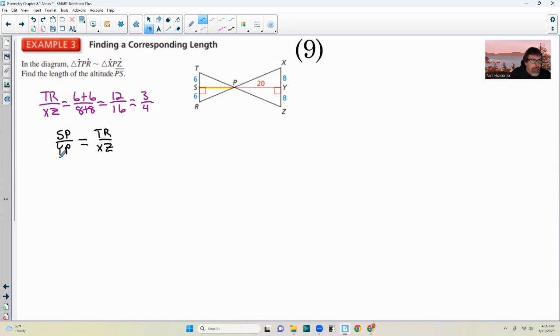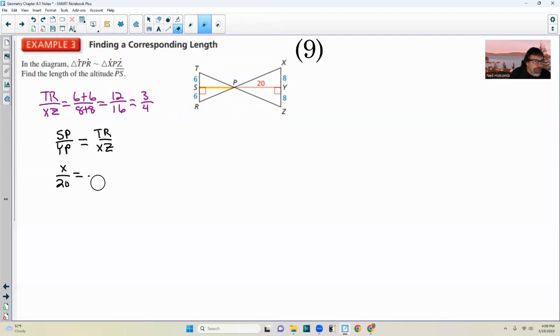SP we don't know, so I'm going to call it X. YP is 20, equals TR, which is 12, over XZ, which is 16. But I can reduce that so our numbers aren't so large.